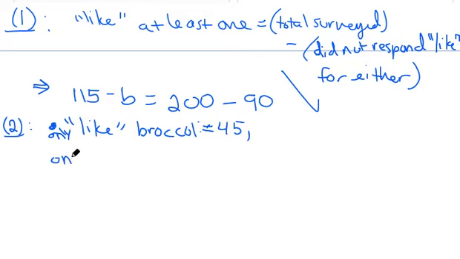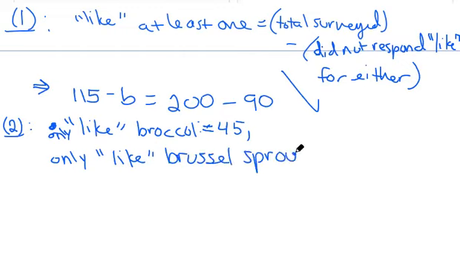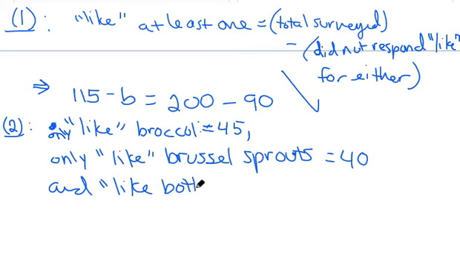Those who only like Brussels sprouts, let's say is 40, and those who like both is 15.